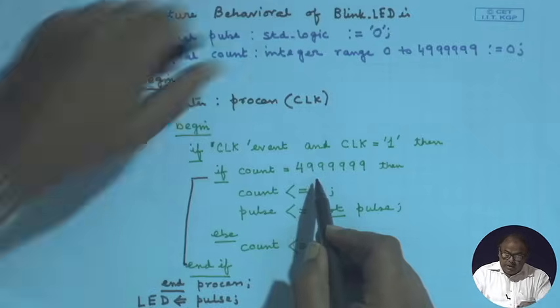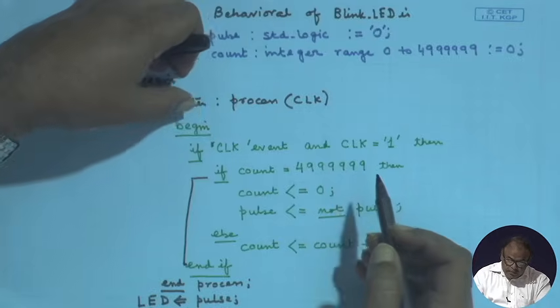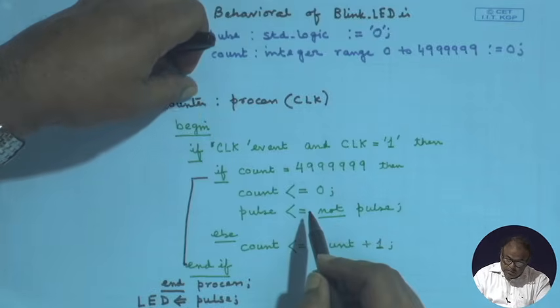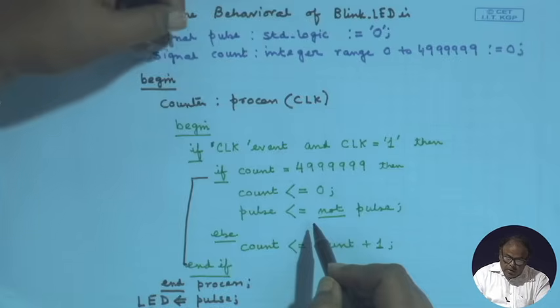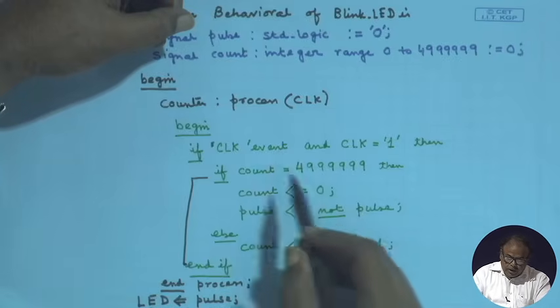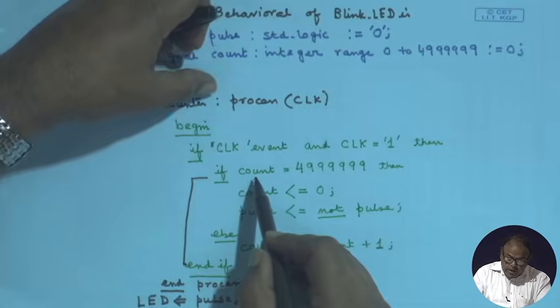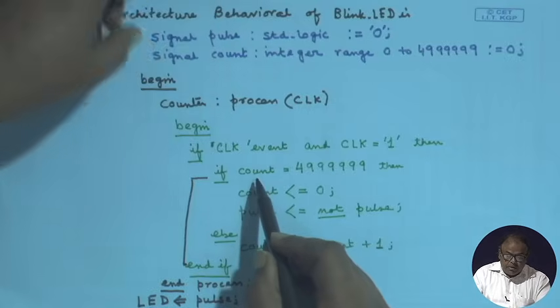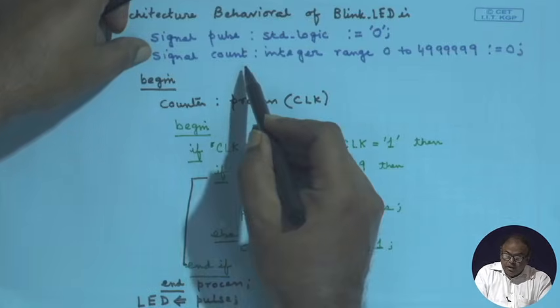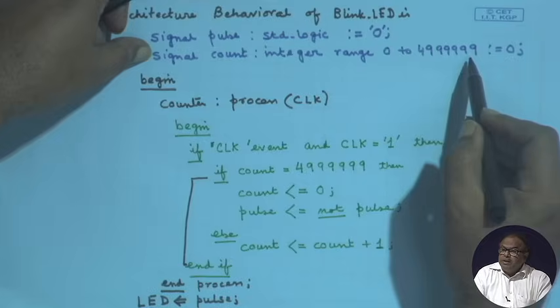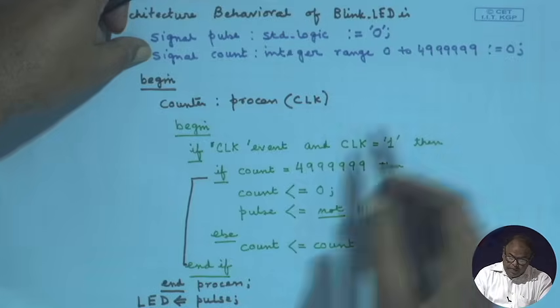If count is, as I am counting up, here I have the counter, I have taken a variable count, and this is not a variable by the way, it could be a variable, but here we have done it as a signal which has got an integer range up to this.